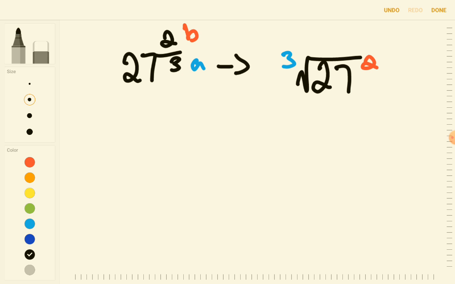So first we need to do what times what times what, or the cube root of 27. 1 times 1 times 1 is 1, and that doesn't work. 2 times 2 times 2 is 8, and that doesn't work. But 3 times 3 times 3 is 9 times 3, which is 27. So our cube root would be 3, and then we apply the power: 3 to the power of 2, which is 3 squared, which is 9.